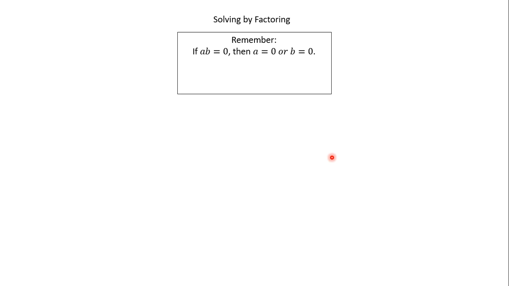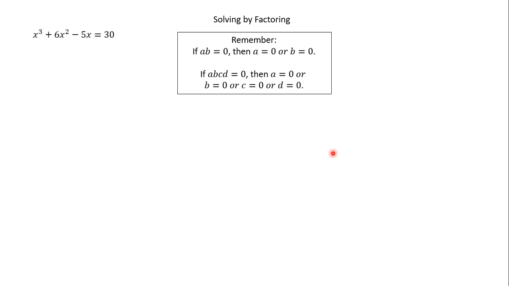If a times b times c times d times e equals 0, then something has to equal 0 in there. And so we're going to set everything equal to 0, and then we're going to factor it all out, so we get something times something times something times something equals 0, and then we can set each of those individual things equal to 0. Again, very similar to what we did last chapter with quadratics.